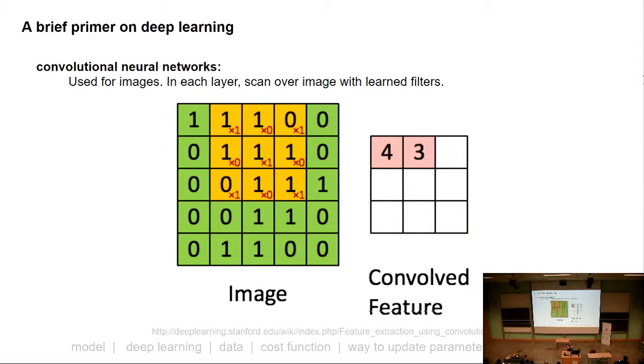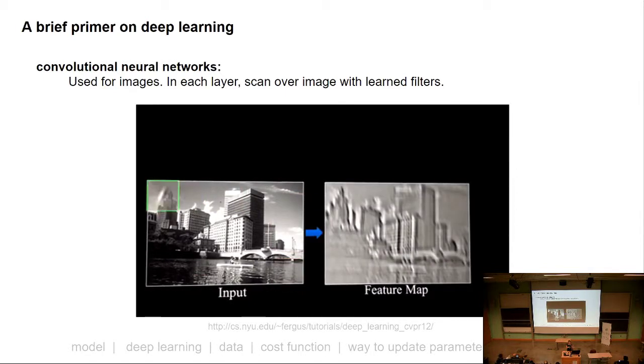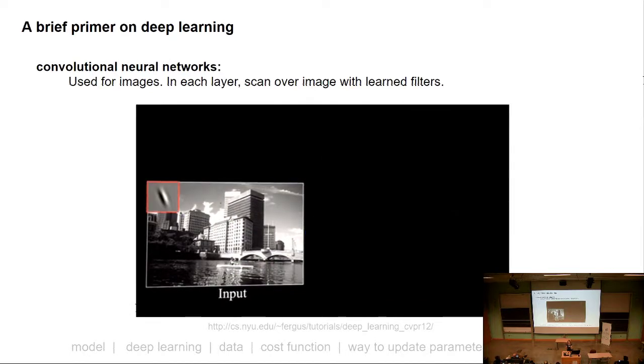You sum all those numbers, and then you get a new image. So this is one picture of it where the yellow is the filter, the red numbers are the specific numbers in the filter, and this is showing what happens when you do an element-wise multiply. And then this is what it looks like if I take this edge detector filter and apply it to an actual image, just to show you what the output looks like. And that output is what goes on to the next layer in your network.